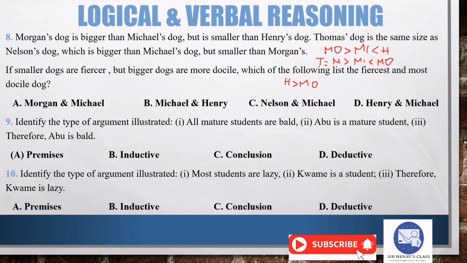So the biggest of them will be Henry's dog, followed by Morgan's dog. Then Nelson and Thomas, their dogs, they are the same. Then the smallest of them all will be Michael's dog.